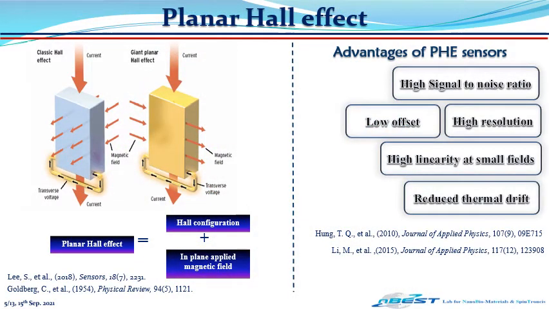The planar Hall effect is a unique type of magnetic sensor, and in brief, it refers to the Hall configuration with an added in-plane applied magnetic field. It has advantages such as high signal to noise ratio, low offset, high resolution, high linearity at small fields, as well as reduced thermal drift.